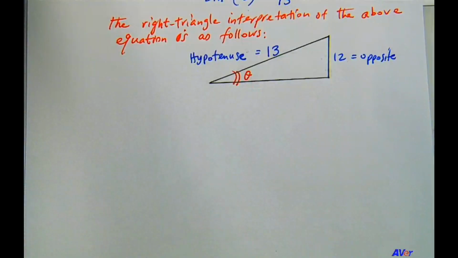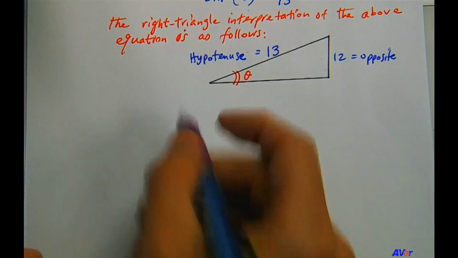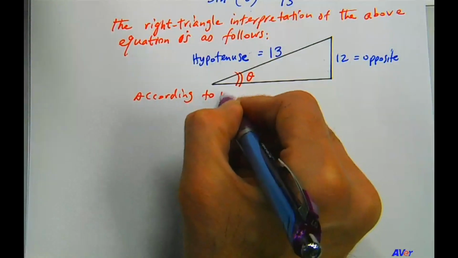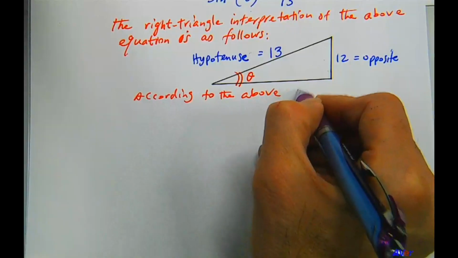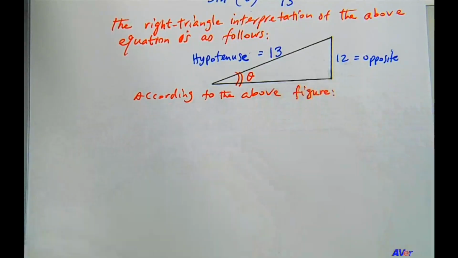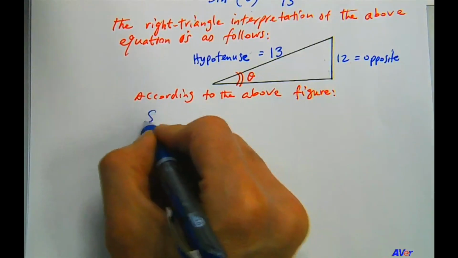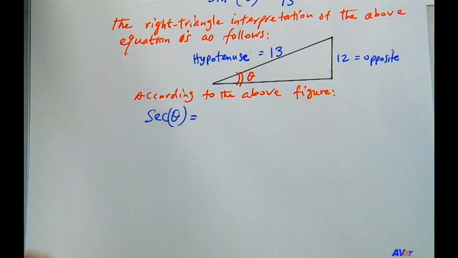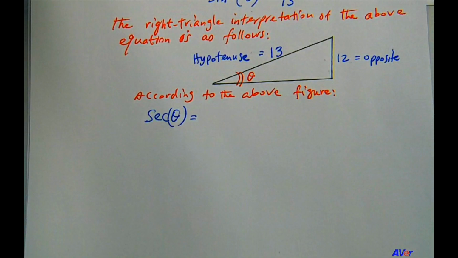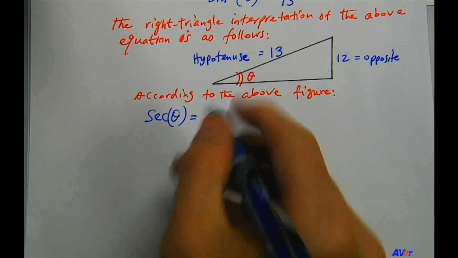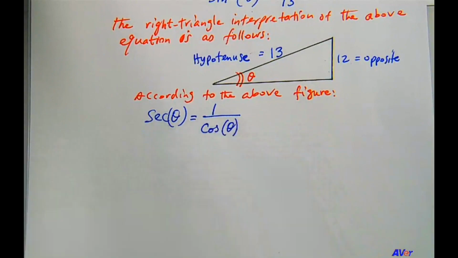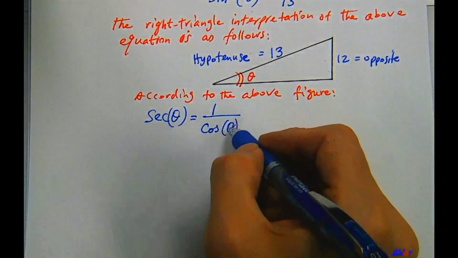So given the above, according to this figure, we can write secant of theta is equal to, do you remember what a secant of theta is equal to in relation to other trigonometric functions? Well, if you said it's the reciprocal of the cosine function, you're absolutely correct, right? But what is cosine function?